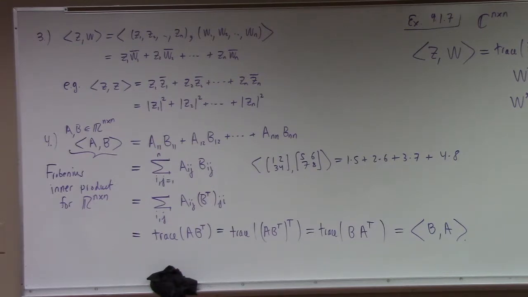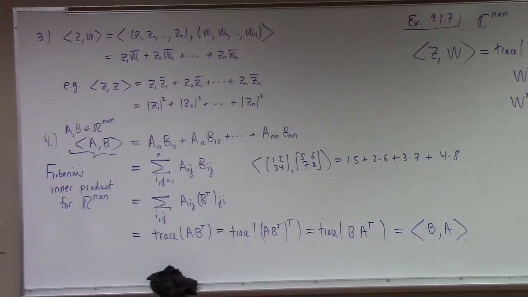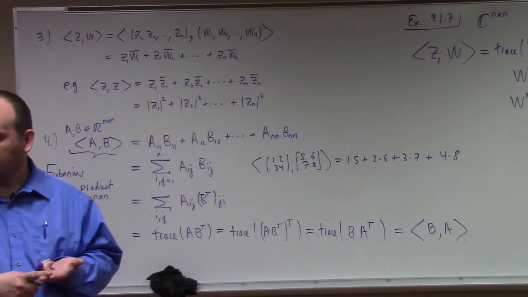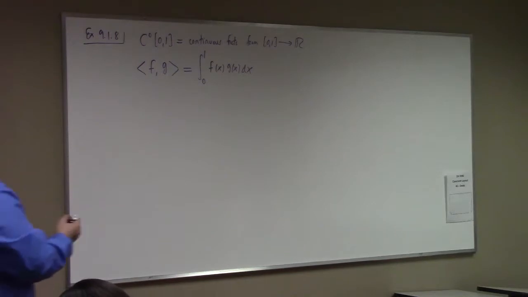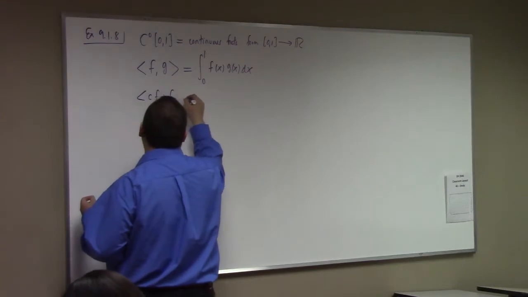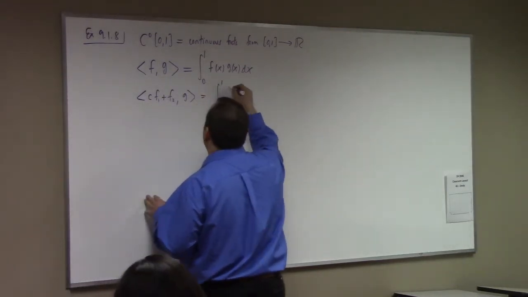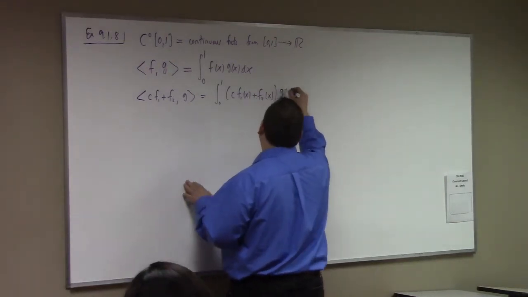Of course, to check it's actually an inner product, we have to sort through the axioms. It's a real inner product, so we're looking for symmetry and linearity in the first component. You pull a constant out. The linearity and the symmetry are pretty much obvious from the formula. If I replace f of x with f1 of x plus f2 of x and a constant, you can see that pretty easily. c f1 plus f2 comma g is the integral from 0 to 1 of c times f1 of x plus f2 of x times g of x dx.